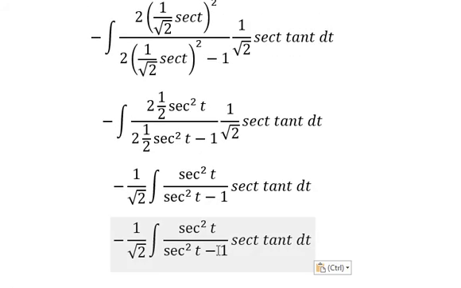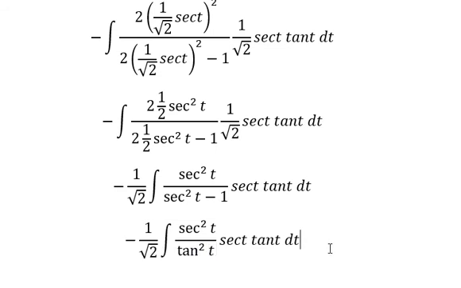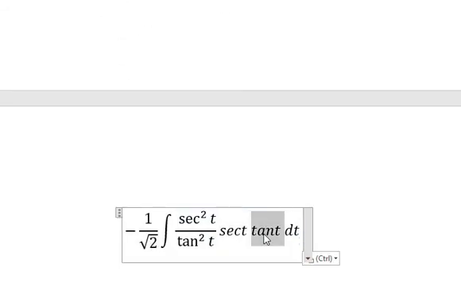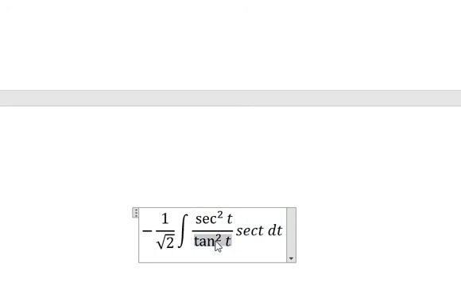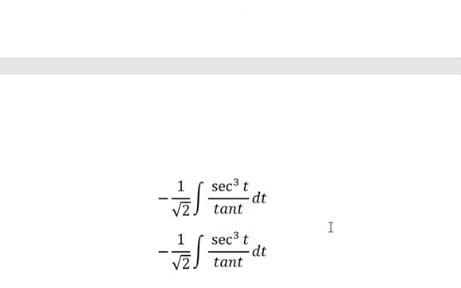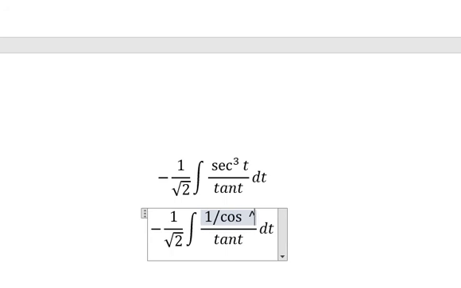Secant of t square minus 1, we change to tan t square. We simplify tan t, and secant of t goes in here. This one is 1 over cosine t to the power of 3.